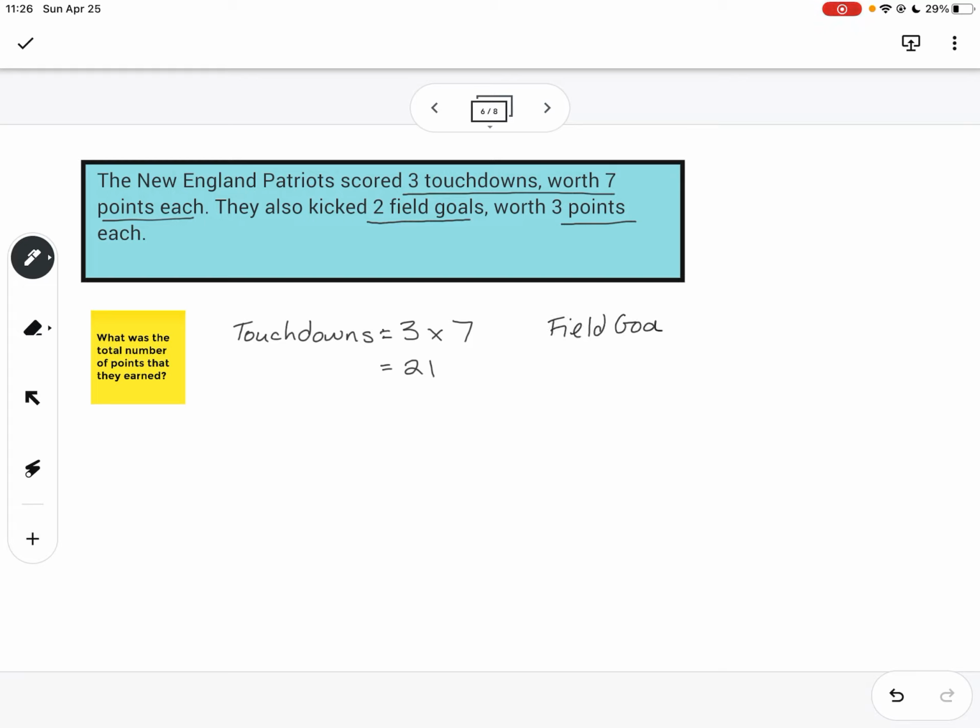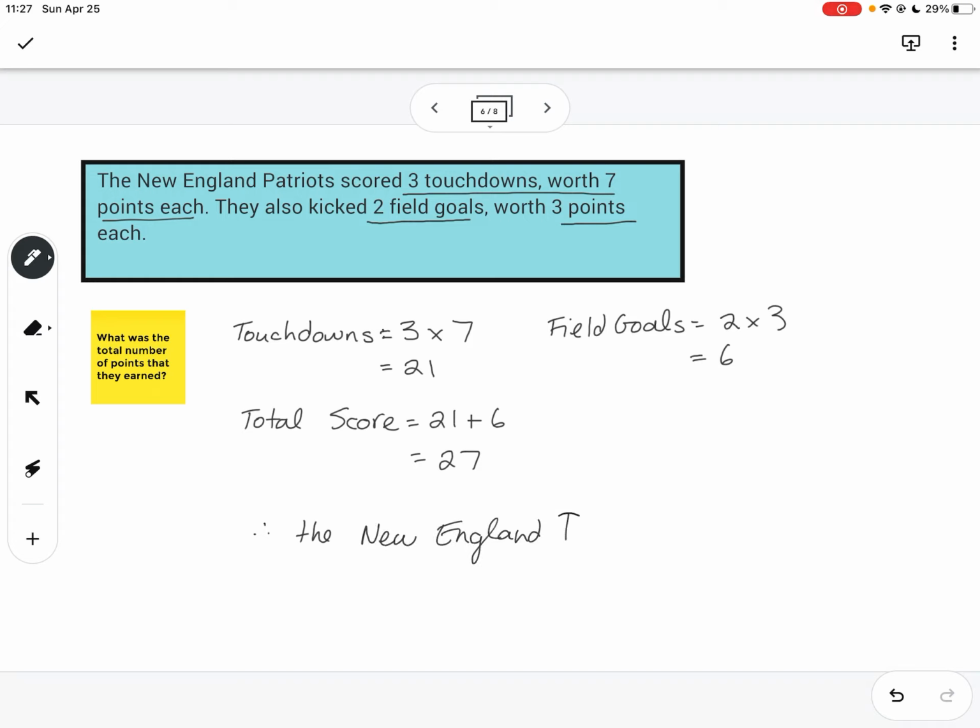Then in field goals, they did 2 field goals worth 3 points each for 6 points. So their total score is 21 plus 6, which is 27. Therefore, the New England Patriots scored 27 points.